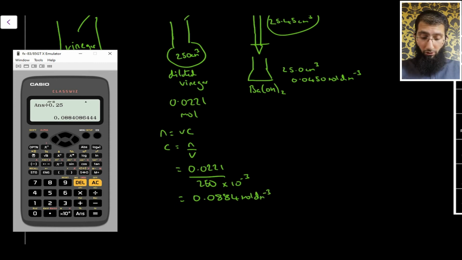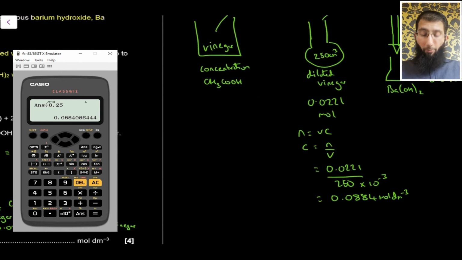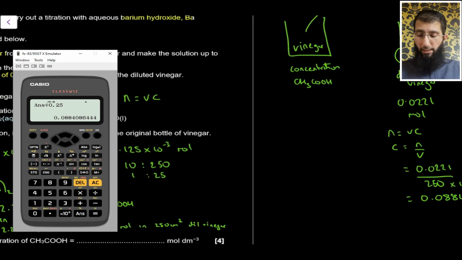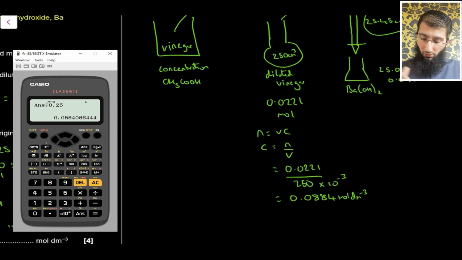So we know the concentration of the diluted solution is 0.0884. We know the dilution factor was 25 times, so we're simply going to multiply this concentration 0.0884 by 25. Because it's a 25 factor dilution, we need to get the original concentration back by multiplying by 25.